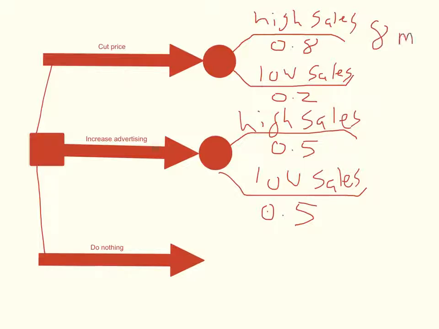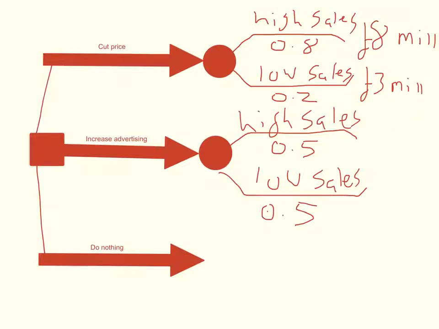So we'll put 8 million. But because there's a 20% chance of low sales occurring, this means that it will only lead to a 3 million increase in revenue. So these are the revenue figures, not profit. So it will lead to an increase of 8 million revenue, an increase of 3 million revenue.